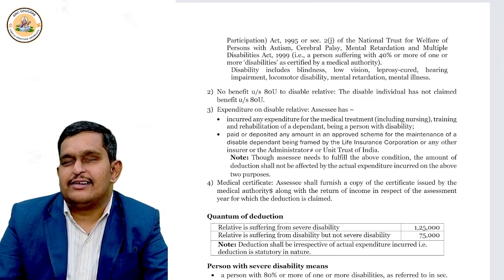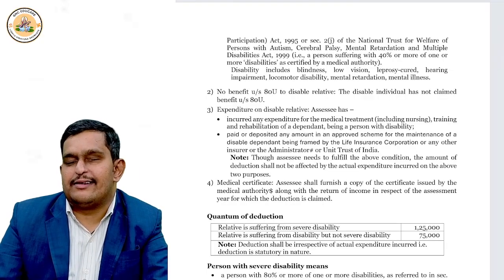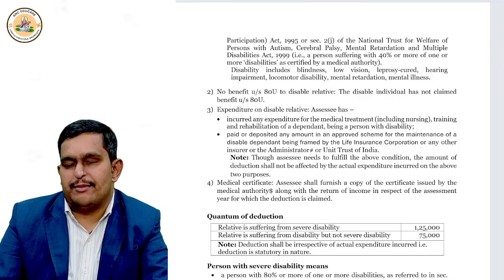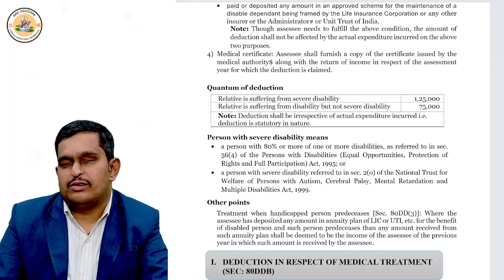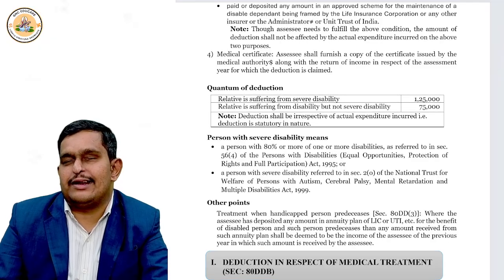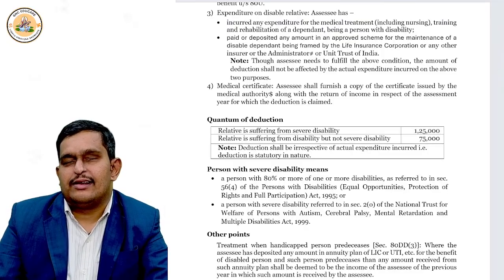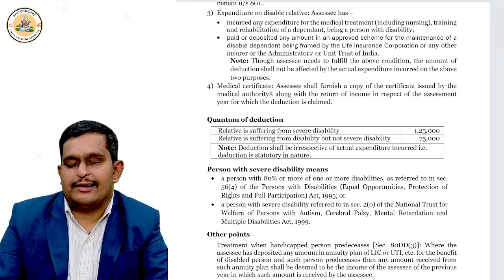After that they said that irrespective of the contribution, the deduction is allowed. But if deduction under 80DD is claimed by the person maintaining, then the disabled person cannot claim deduction under 80U. If the disabled person is claiming deduction under 80U, then the person who is maintaining cannot claim deduction under 80DD. If the percentage of disability is 40 to 79, 75,000 deduction can be claimed.